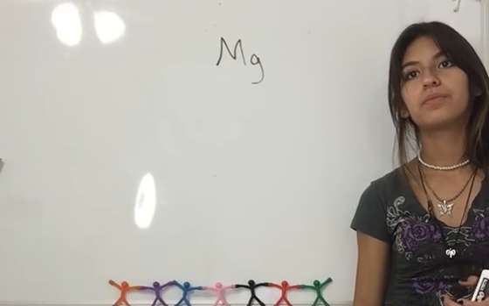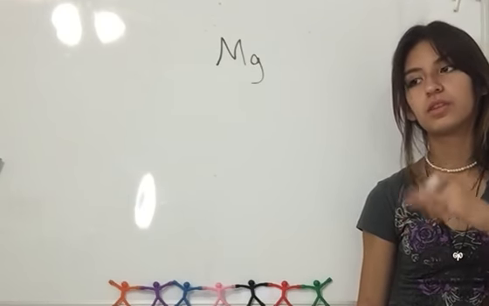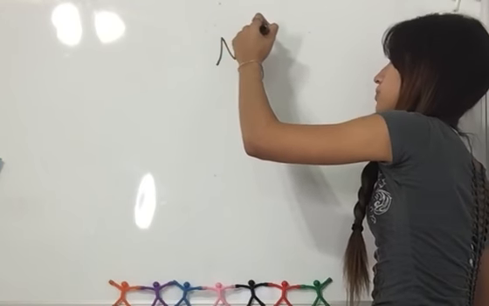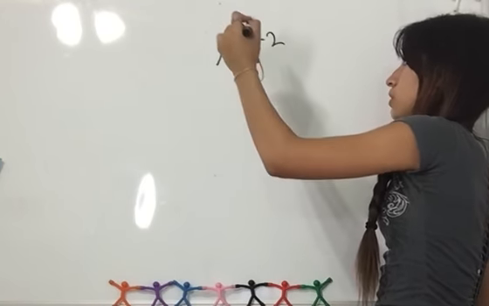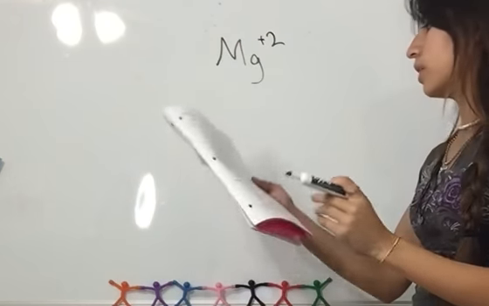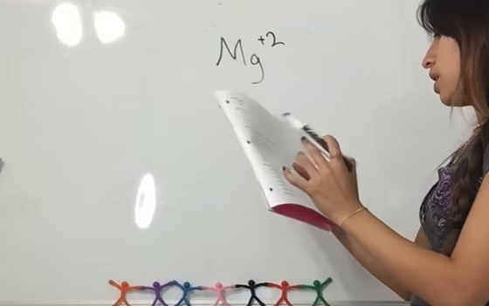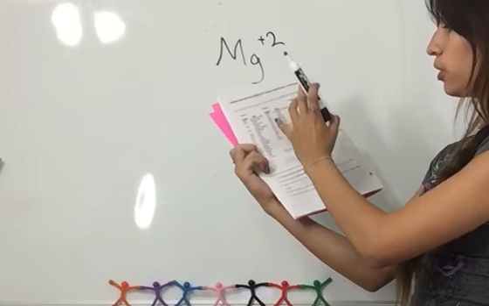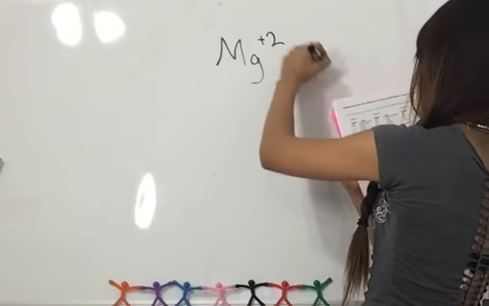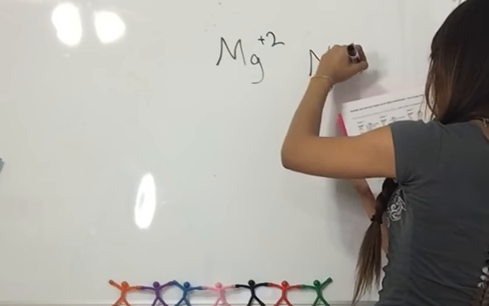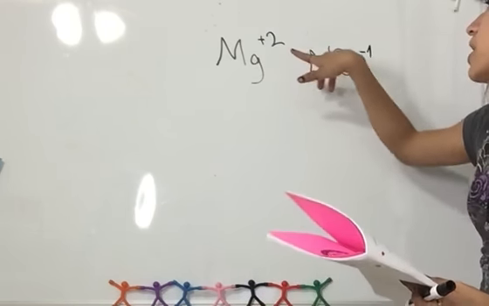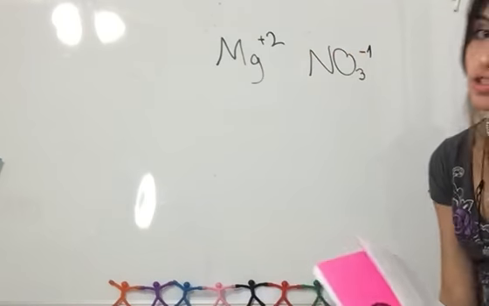So it's just going to lose 2, so positive 2. Nitrate, you would look on the table, nitrate is NO3 with the charge of -1. So these don't automatically cancel out. You're going to have to do something about that.